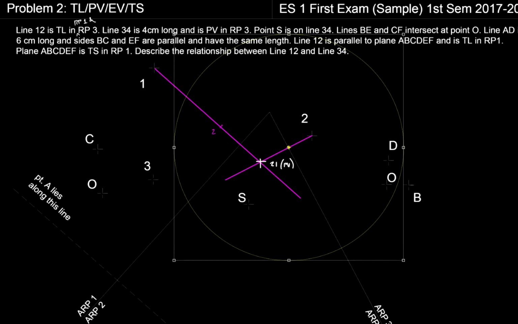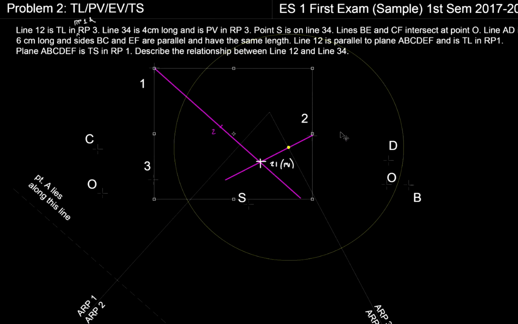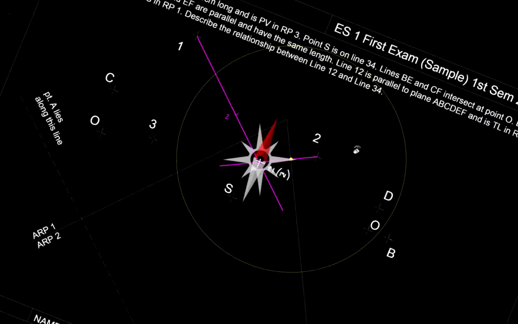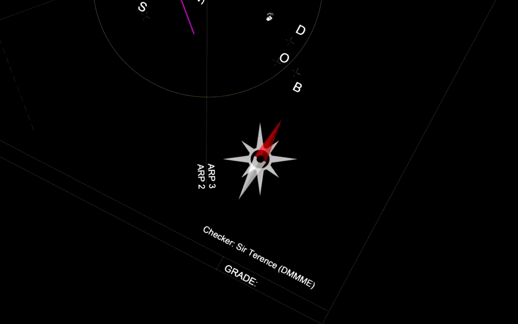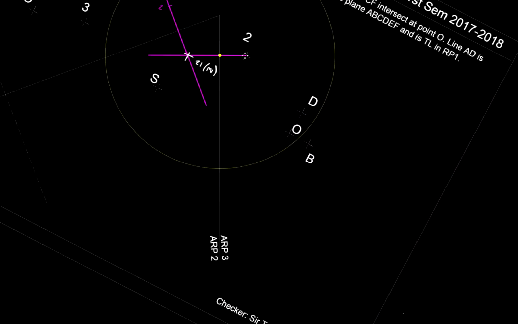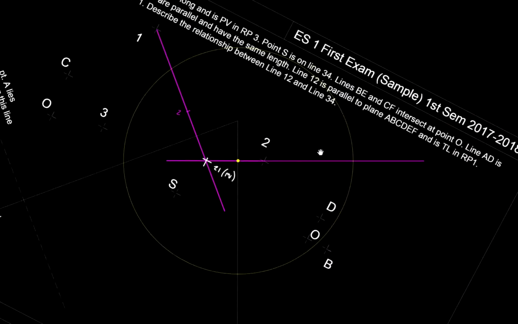So I'll extend this projection line. Where it meets is the location of point 1.